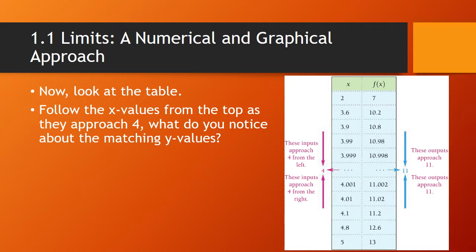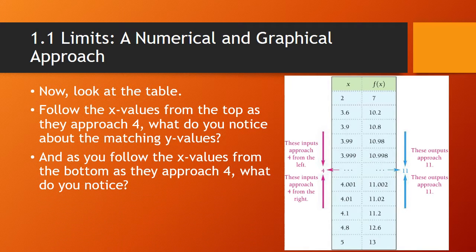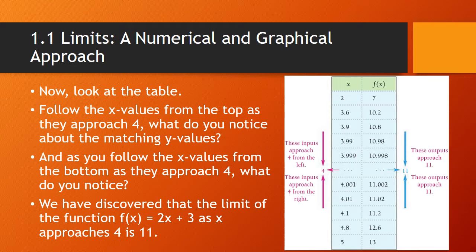Well, from the top, they increase, and the closer you get to where x equals 4, the closer the y values get toward 11. If you do the same thing from the bottom, looking at the y values as x approaches 4, again, you see them getting closer and closer to 11. And what all this means is that the limit of the function f of x equals 2x plus 3 as x approaches 4 is 11.